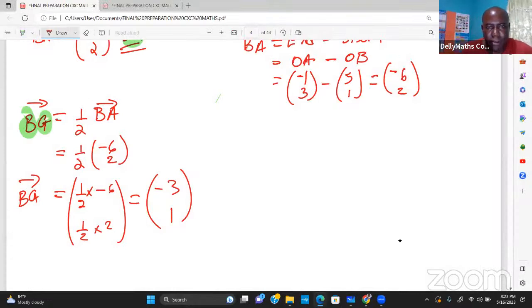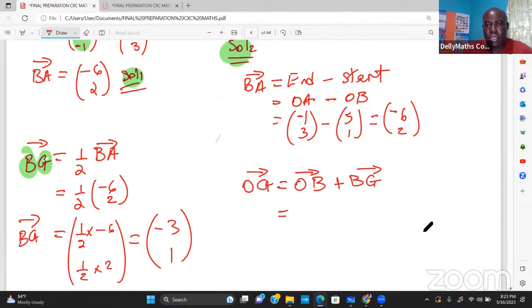We could put OG right here. OG is to walk from O to B. Then I'm going to be moving from B to G. Mission accomplished. OB, we knew that already. OB is (5, 1). BG, (-3, 1).